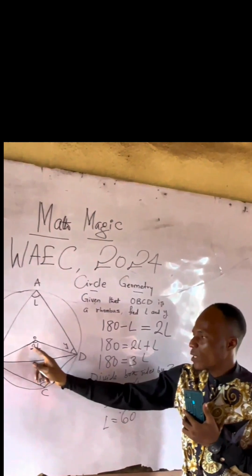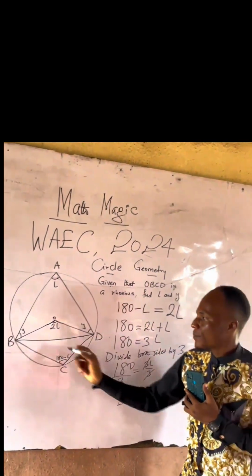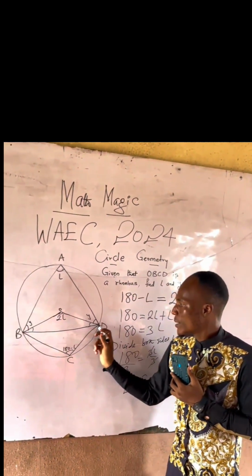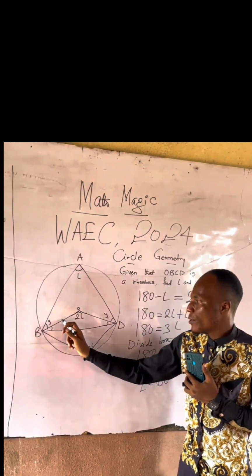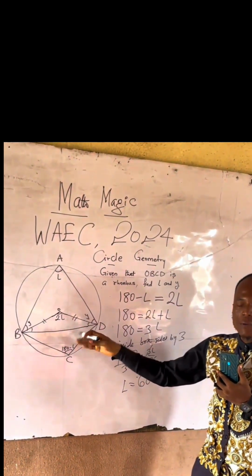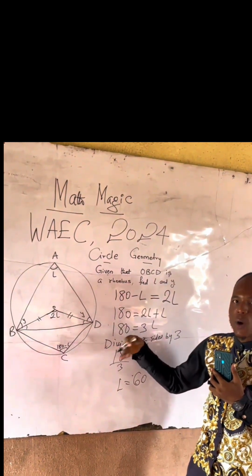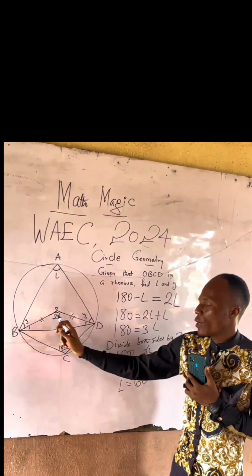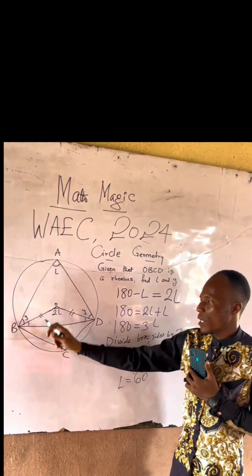So if we have 120 degrees here, remember, this is a radius and this is another radius. All the radii in the circle are equal, so this triangle is an isosceles triangle.